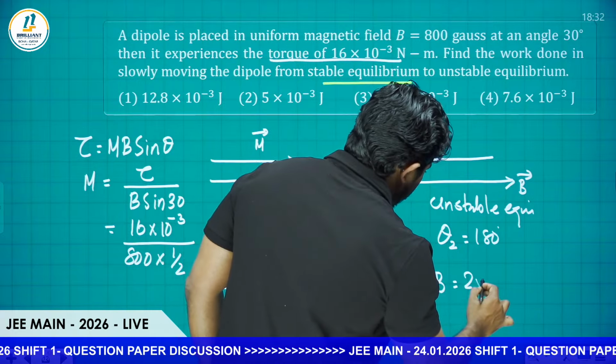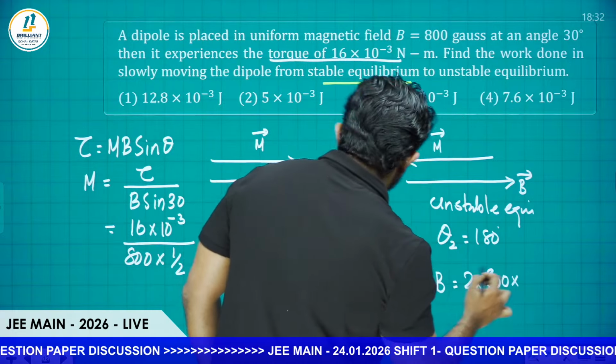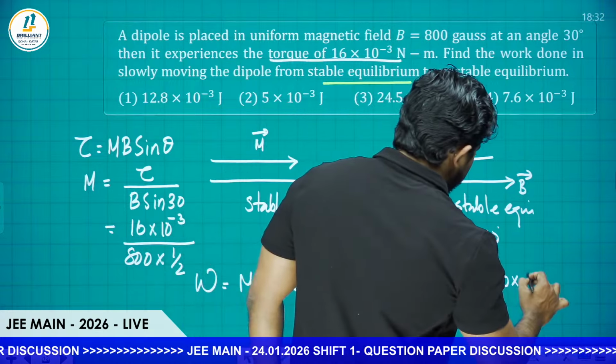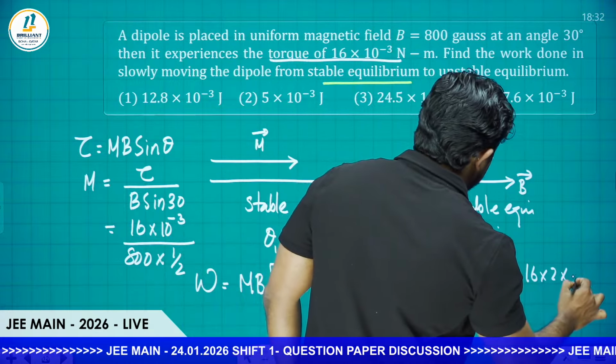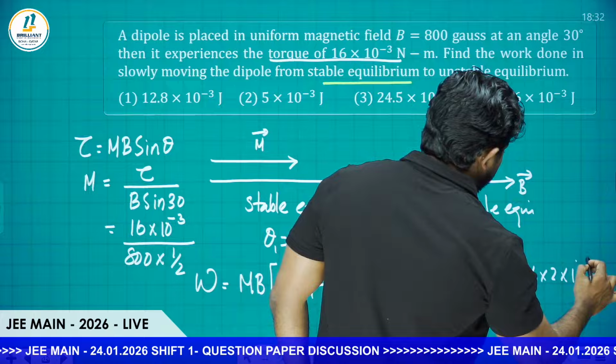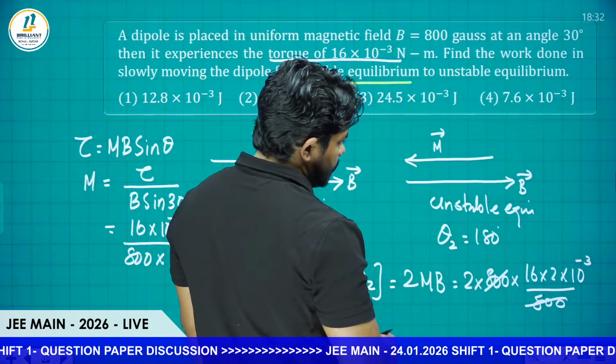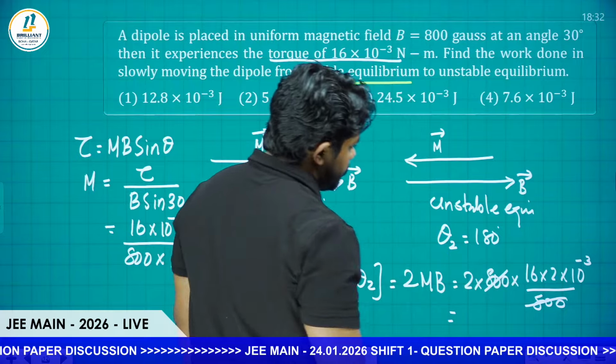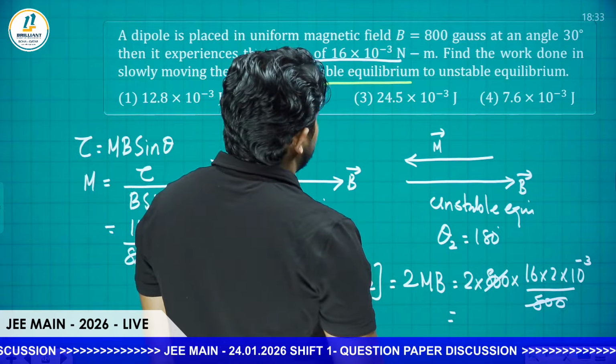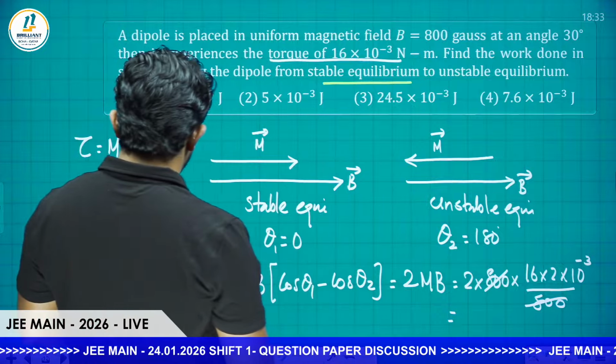So yeah, we can substitute that here. That will be equal to 2 times 800 times 16 times 2 times 10 raised to minus 3 divided by 800. 800 gets cancelled. 4 times 16, isn't it?